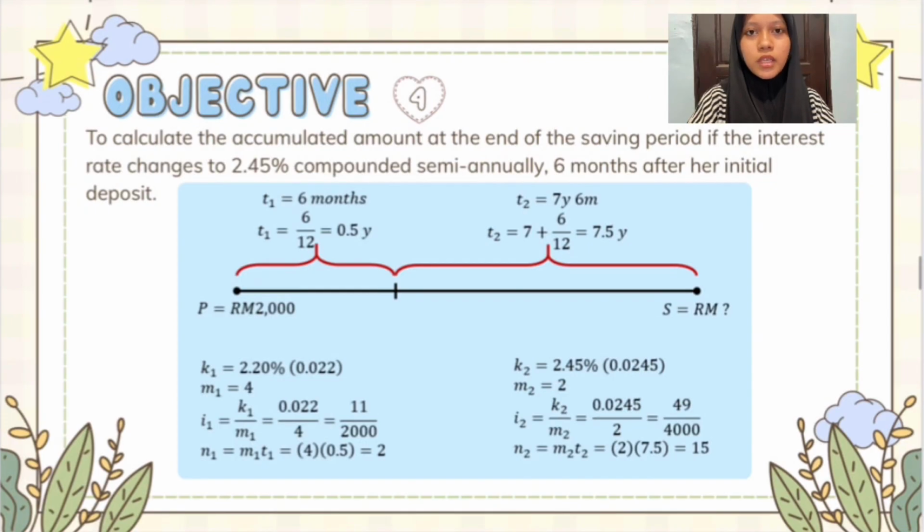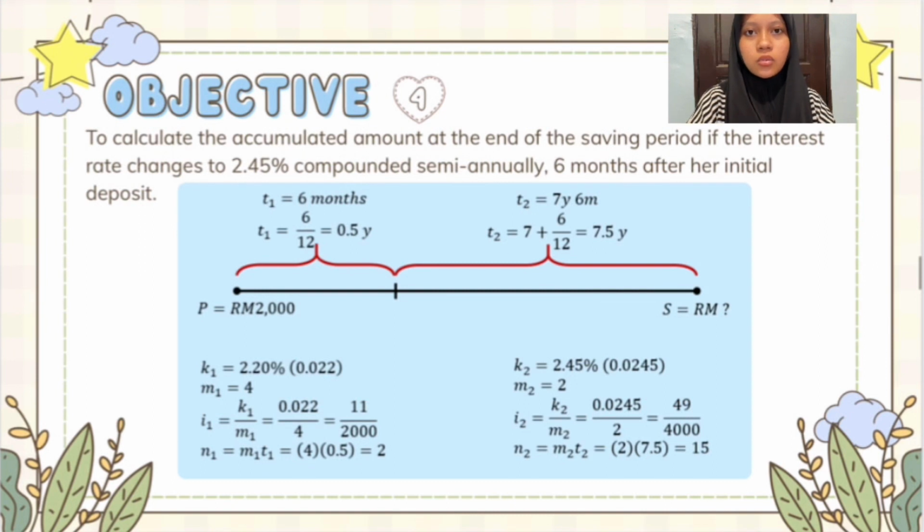I1 equals K1 over M1 equals 0.022 over 4 equals 11 over 2,000. N1 equals M1 T1 equals 4 multiplied by 0.5 equals 2. K2 equals 2.45%, equivalent to 0.0245. M2 equals 2, which means semi-annually.